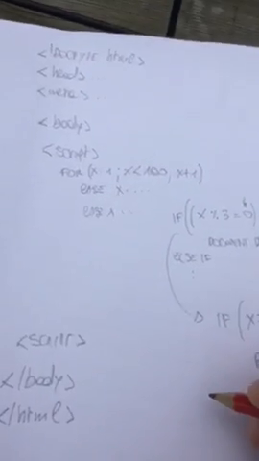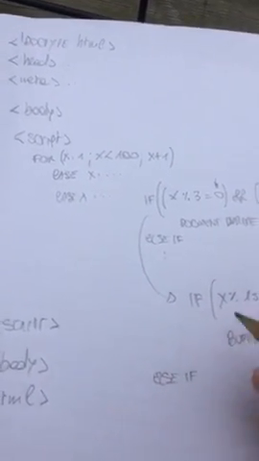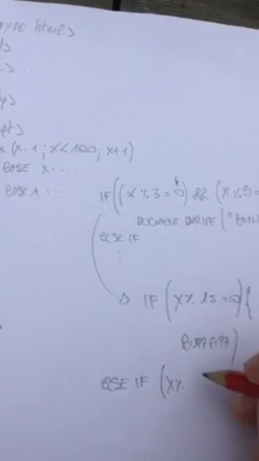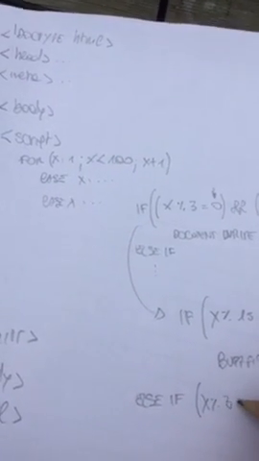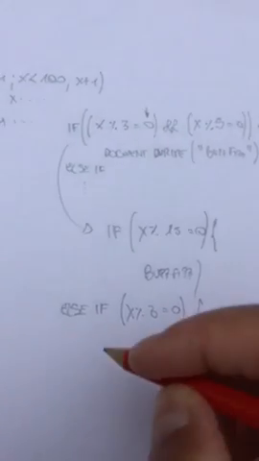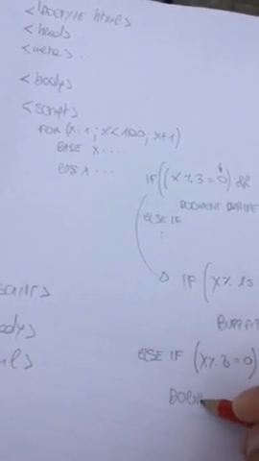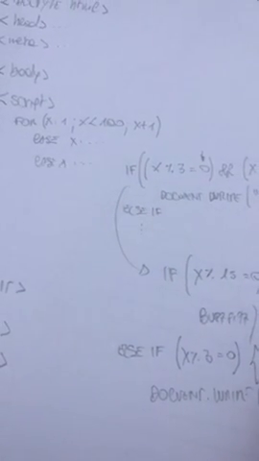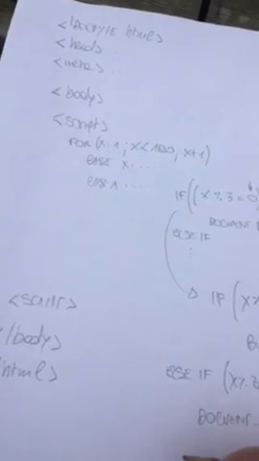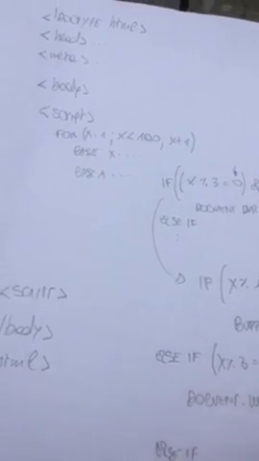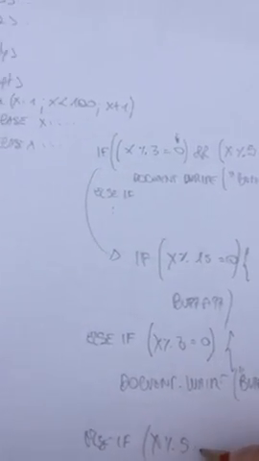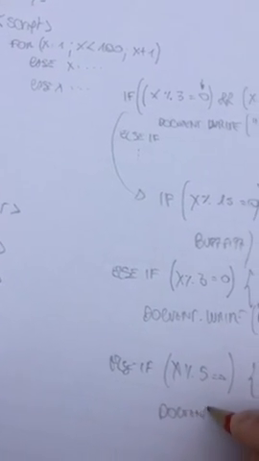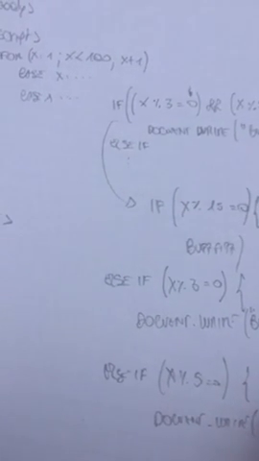The last part of these algorithms is to organize the other if. So else if x percentage 3 equals 0, document.write Bus, else if x percentage 5 equal to 0, document.write Fizz.